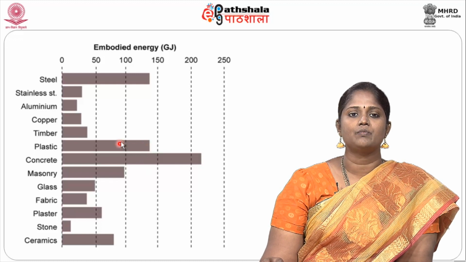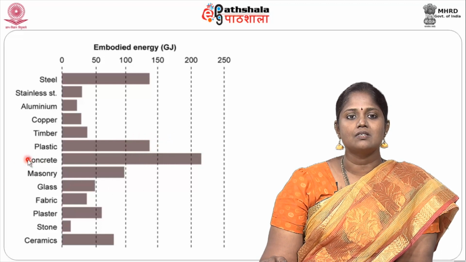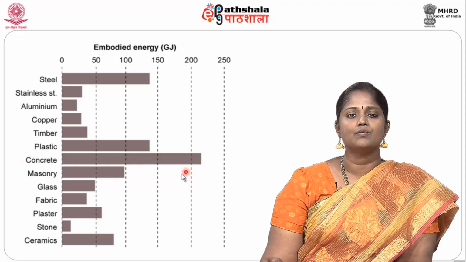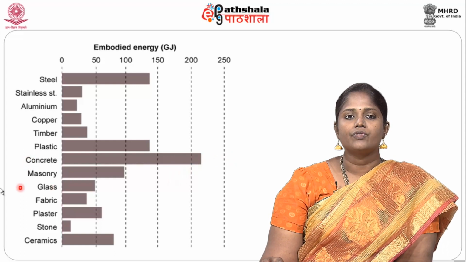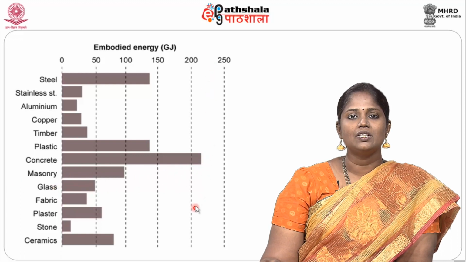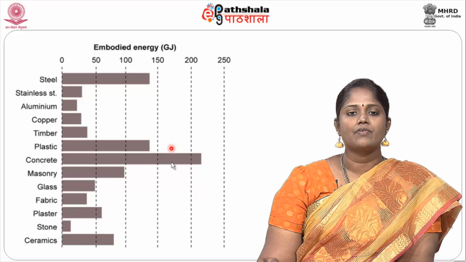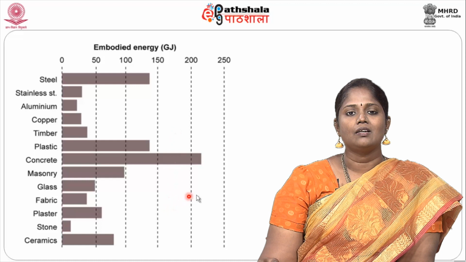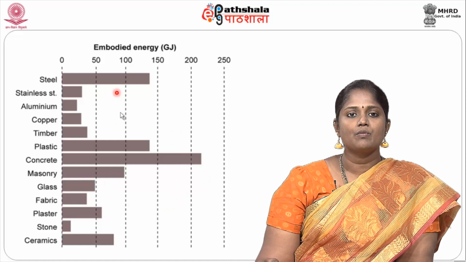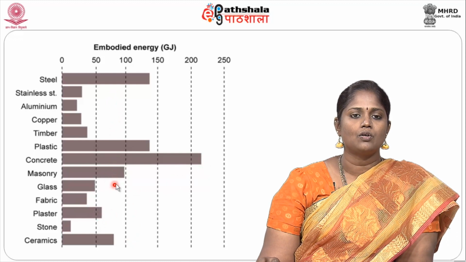It also comes between 100 to 150 embodied energy, and the next major one, for which there is no substitute in terms of replacement of the techniques, is concrete, which is about 200 to 220 embodied energy, which plays a very high value in terms of energy usages and in terms of production and executions. Next comes the masonry part, either stone masonry or rubble masonry or random rubble, coarse rubble.